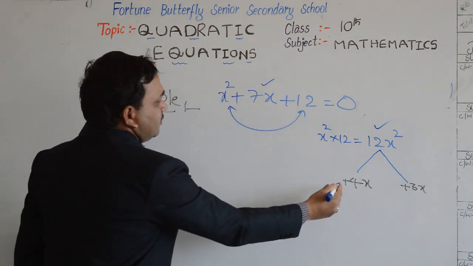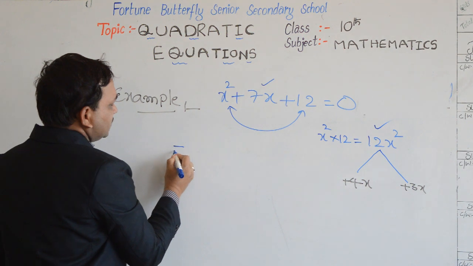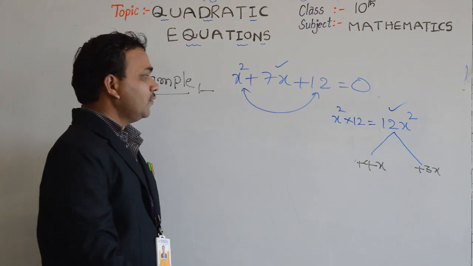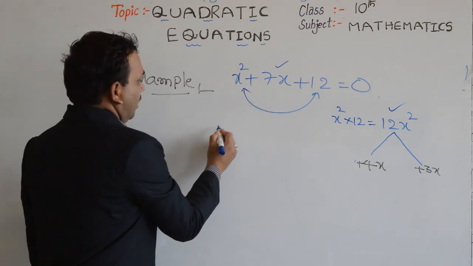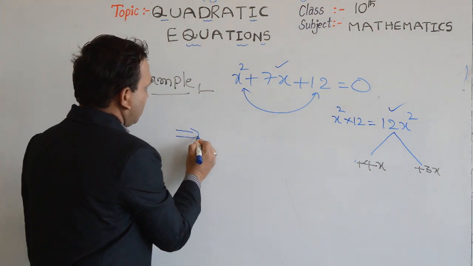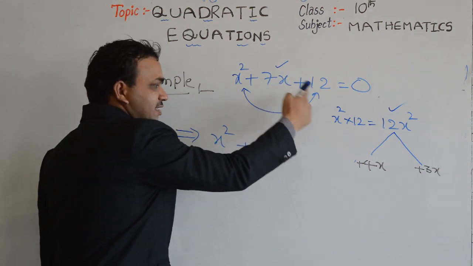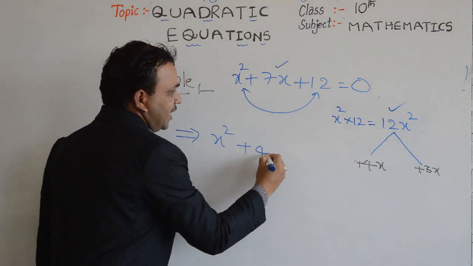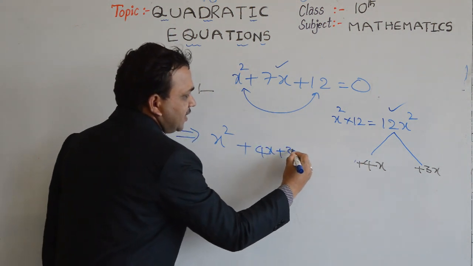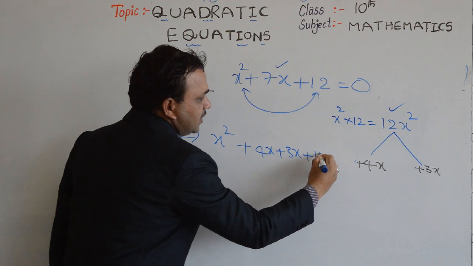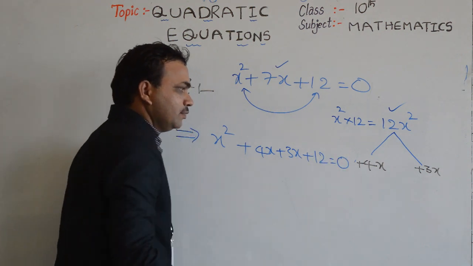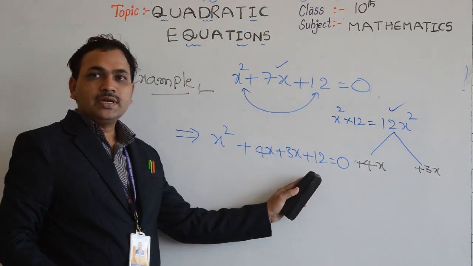Now we can see, this implies x square plus 7x, instead of that plus 4x plus 3x plus 12 is equal to 0. Then what do you observe?